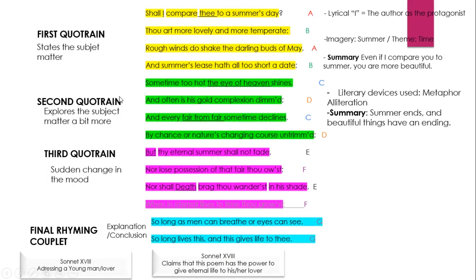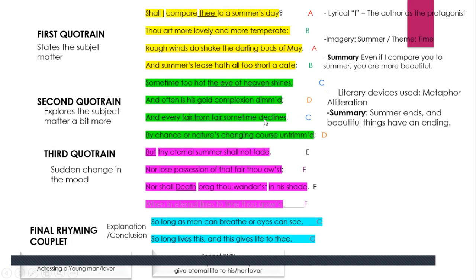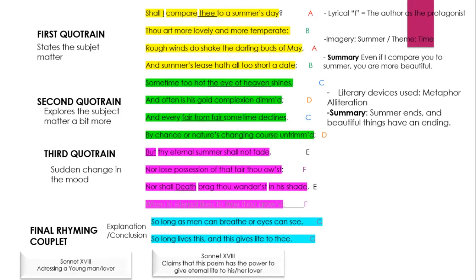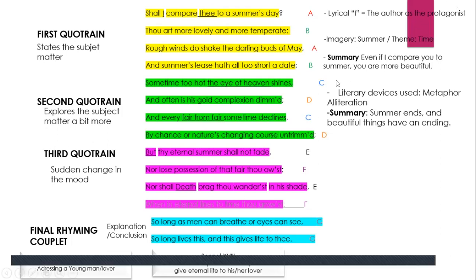And every fair from fair sometime declines. This idea that from time to time, every now and then, the sun eventually sets. The sun disappears. By chance or nature's changing course untrimmed. This can be because of nature, because of a storm or something like that, or because of the course of nature.